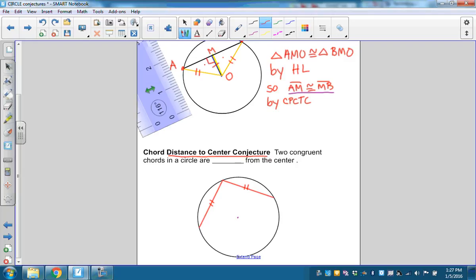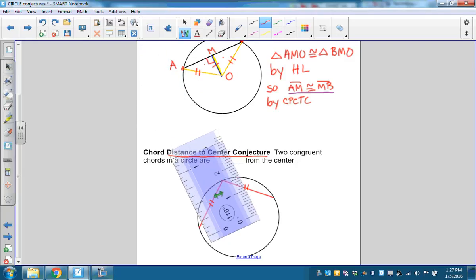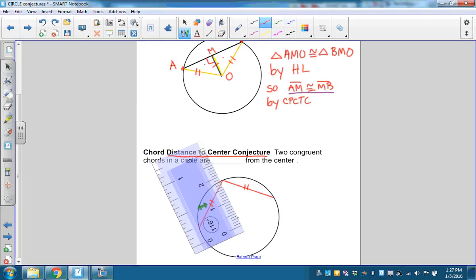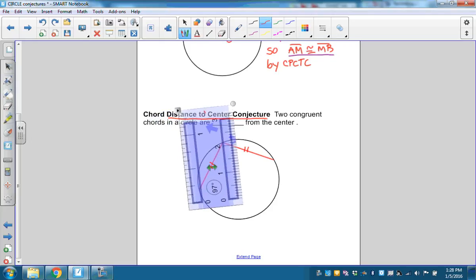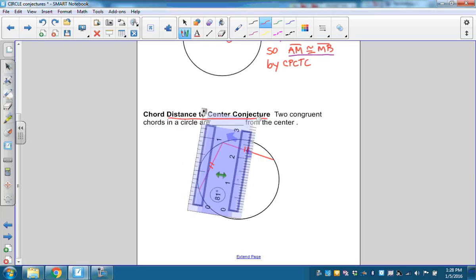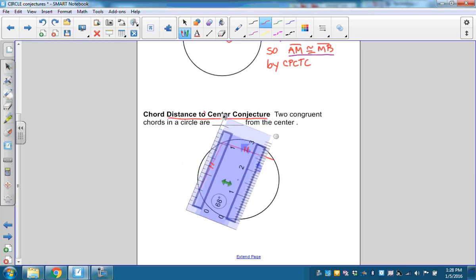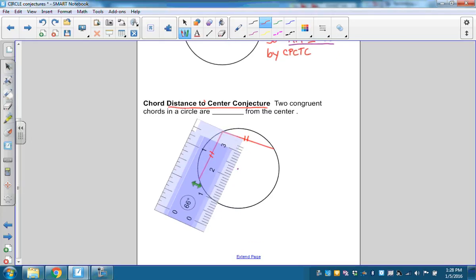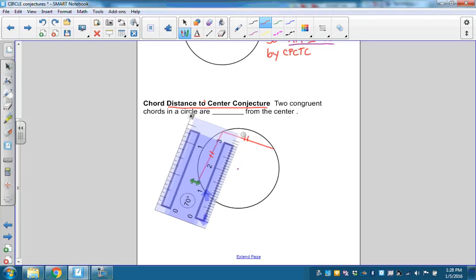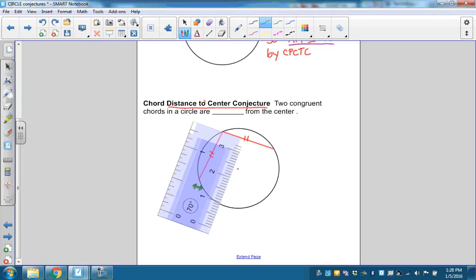Anytime we want to measure distance, we measure along the perpendicular, because perpendicular is the shortest distance. So if I went at a right angle to the chord, just like we did above, I can use this corner of the ruler here to get a square angle.